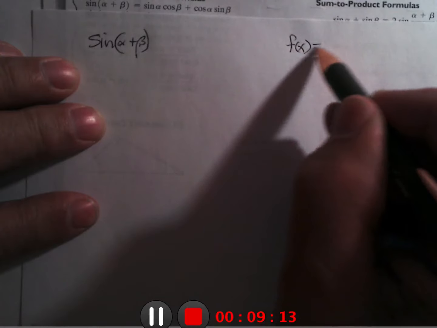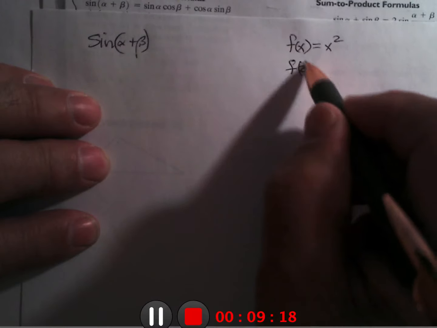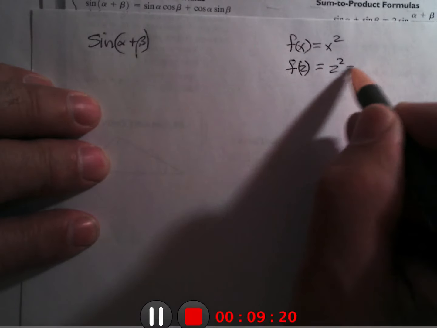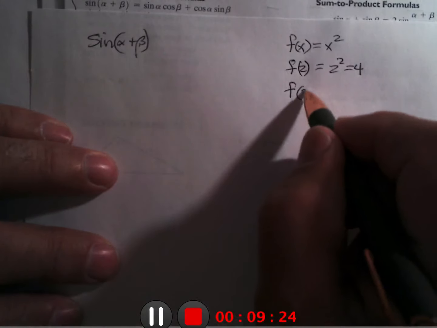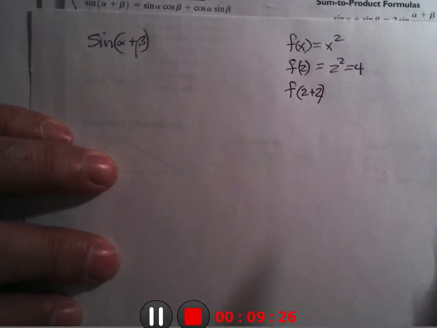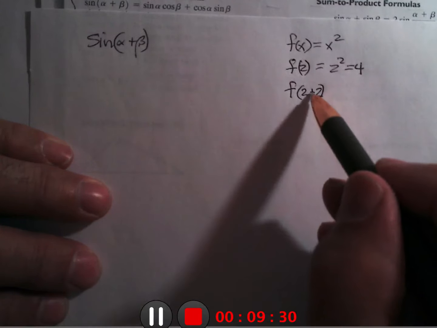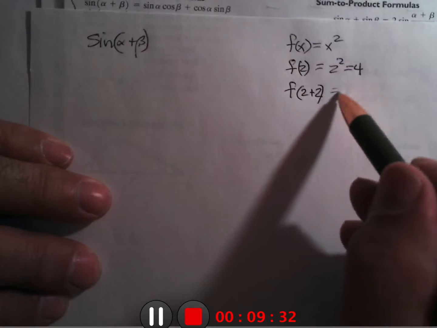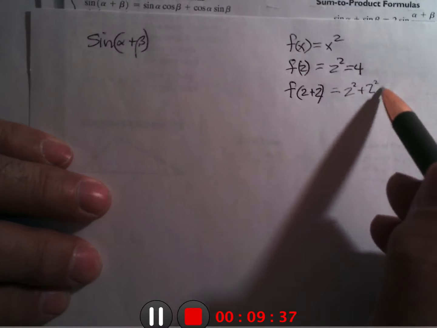If I had the function f of x equals x squared, and I said, what's f of 2? You would tell me that's 2 squared, or 4. If I said, what's f of 2 plus 2? I hope you wouldn't say, well, that's going to be 2 squared plus 2 squared, 4 plus 4, or 8.